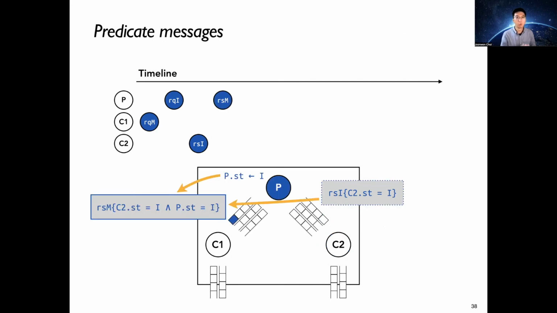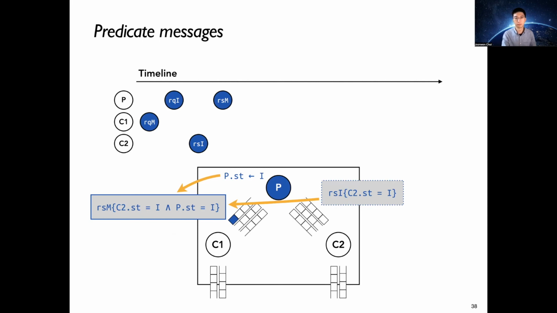Similarly, when P receives RSI and responds with RSM, it changes its status to I. Using the predicate message for RSI and P's status change, now we can have the predicate message for RSM claiming that both P and C2 are invalid.